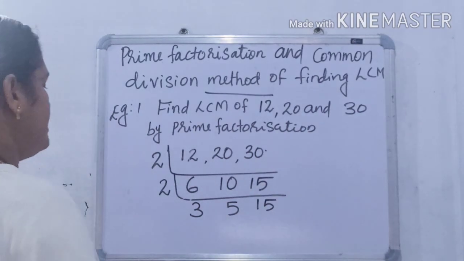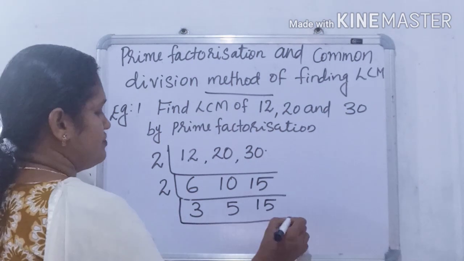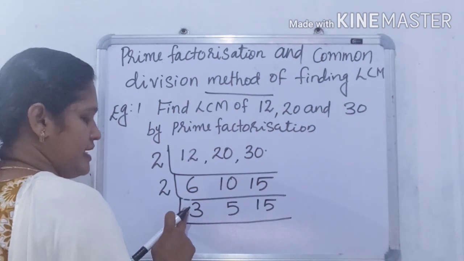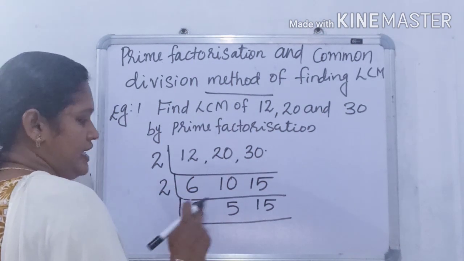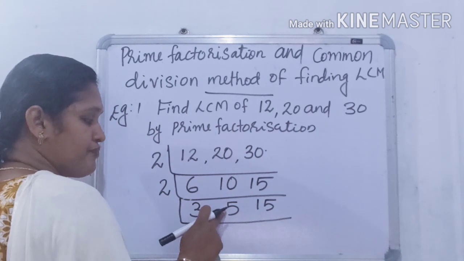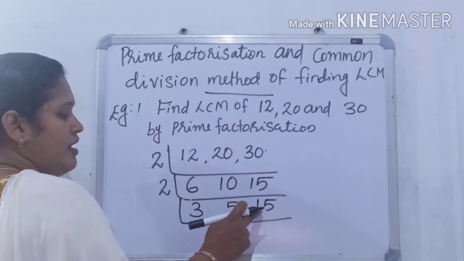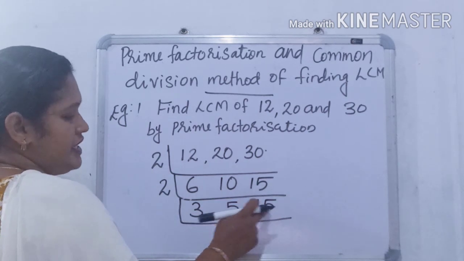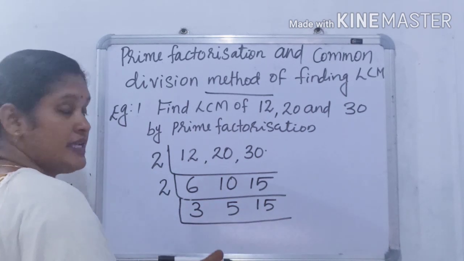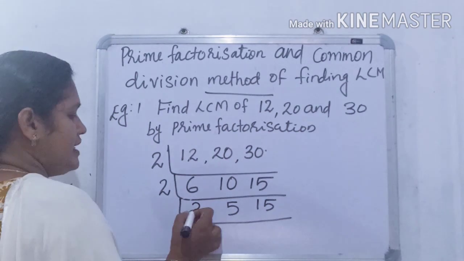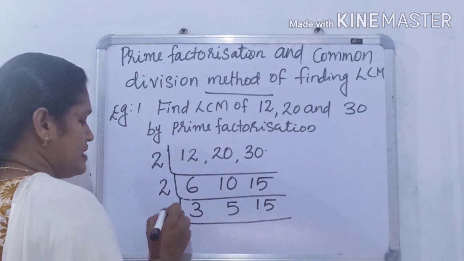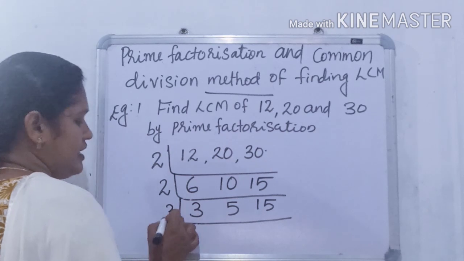Okay. Then next 3 is a prime number. It is divisible by 3 only. 5 is a prime number. It is divisible by 5 only. But 15 is divisible by 3 and 5. So we first divide all these numbers by 3.